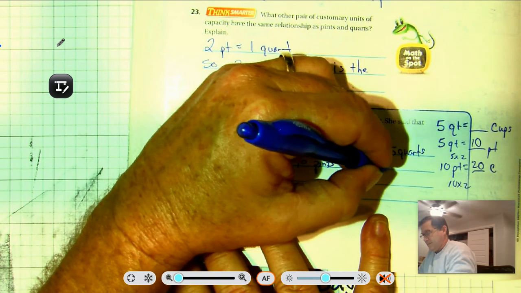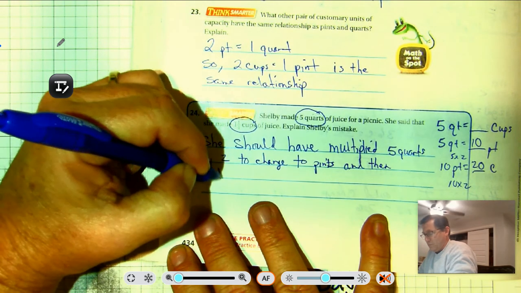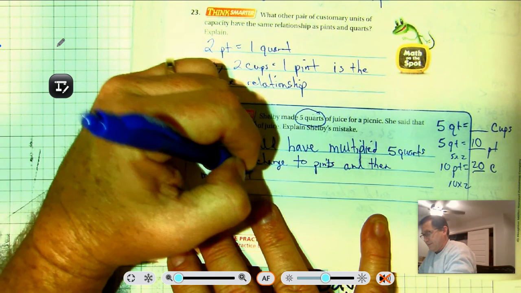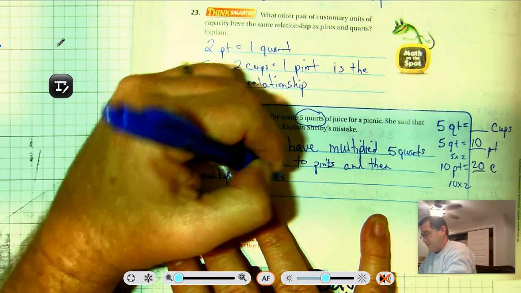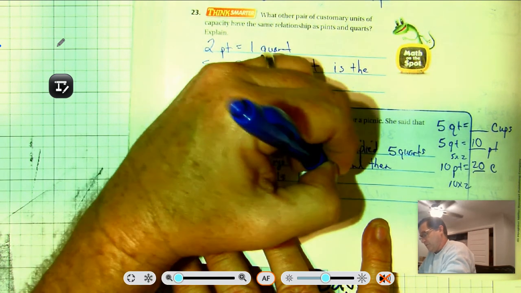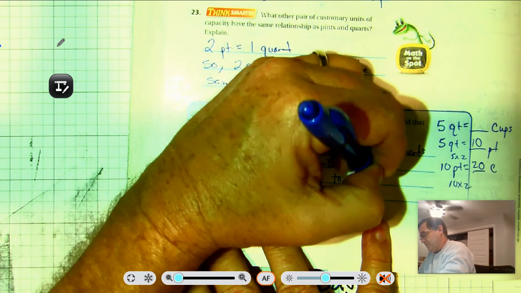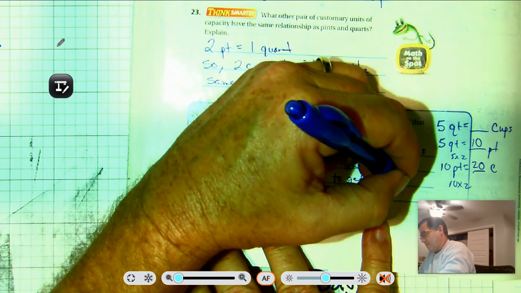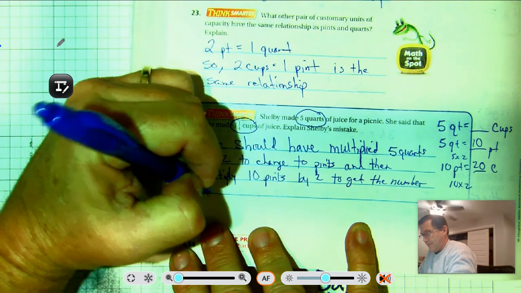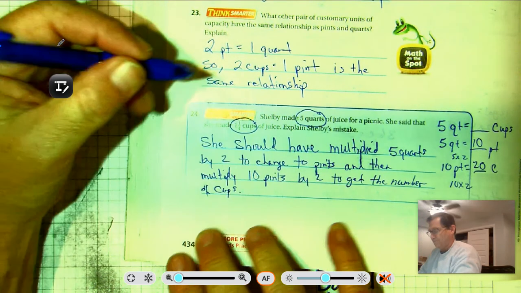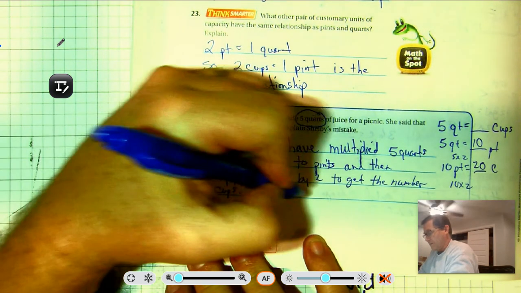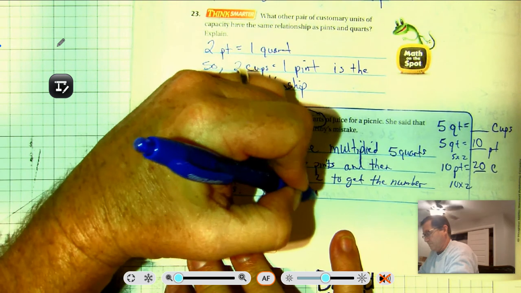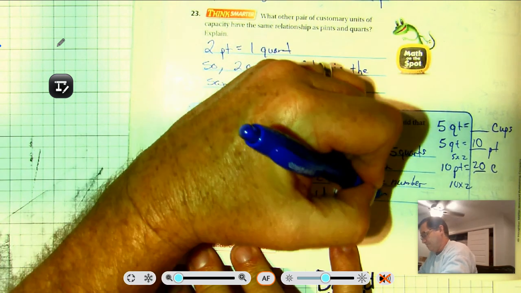And then multiply the 10 pints by 2 to get the number of cups. Should be 20 cups.